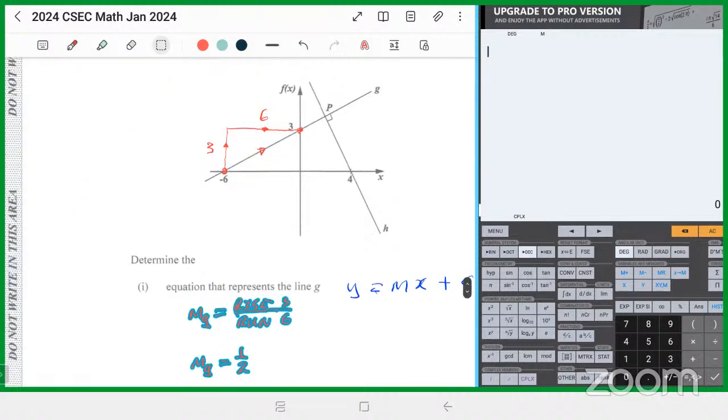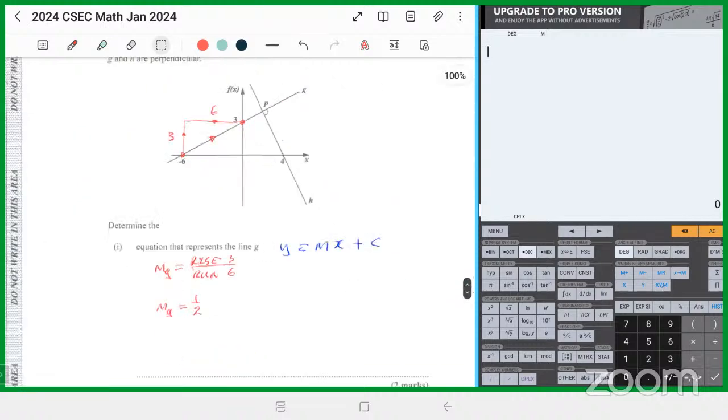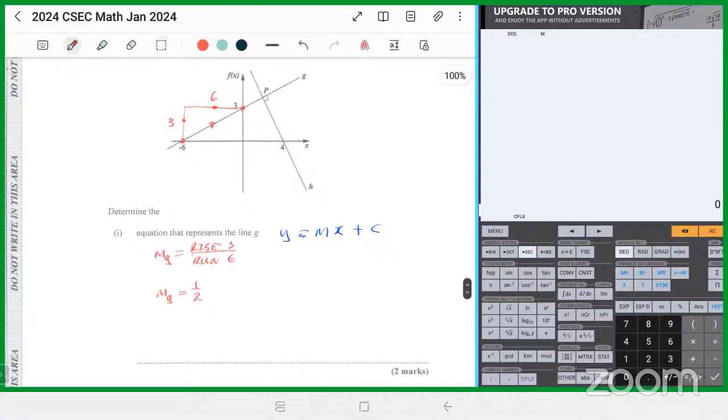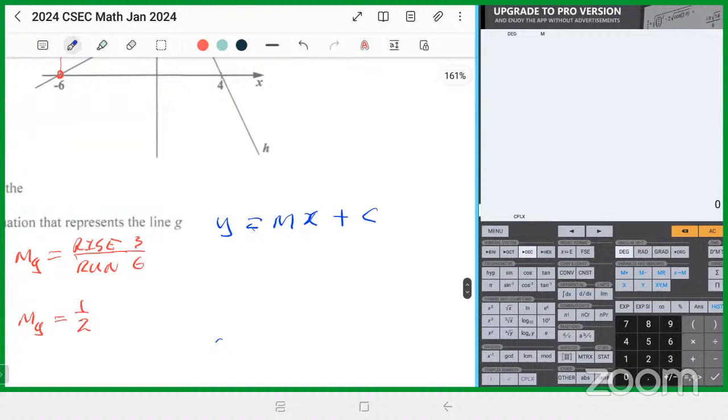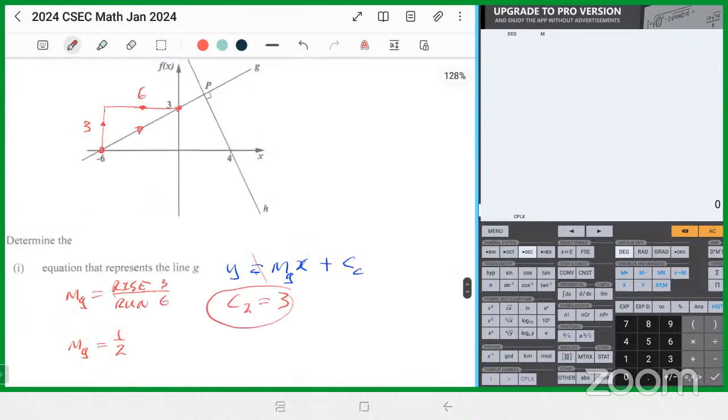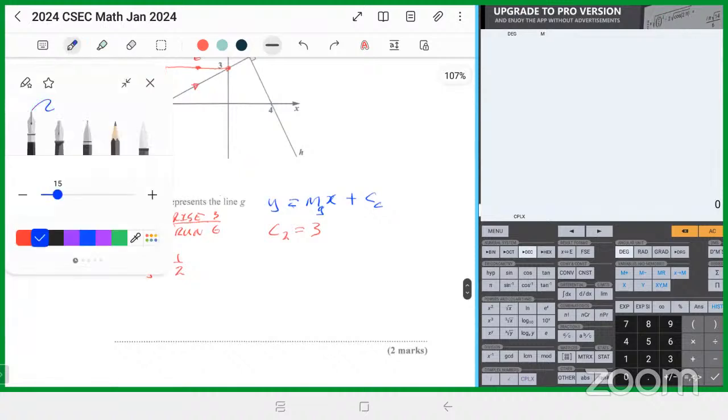Let's place this here, and see that this is actually MG, since it's line G we want. So MG, CG. And we're going to add here that the CG from the graph is equal to 3. We can see that right here, the y-axis intercept. So once we have those two values, we are good to go. Let's put the equation in blue now.